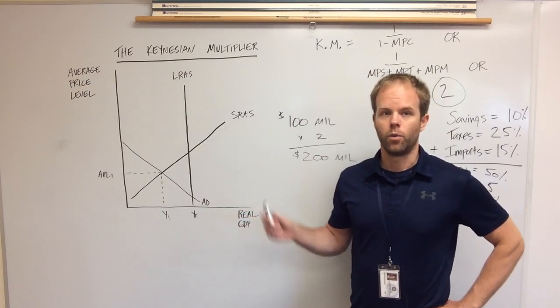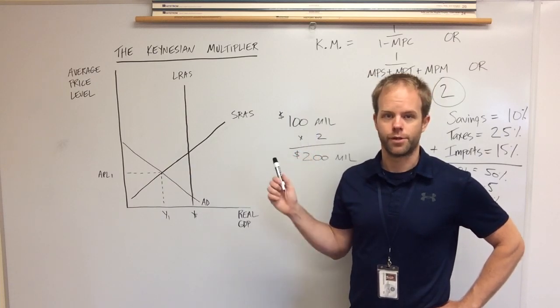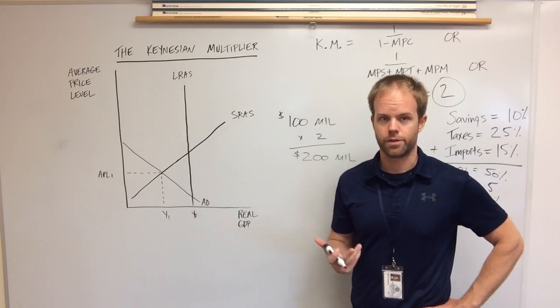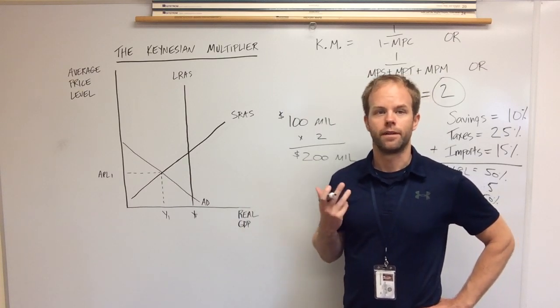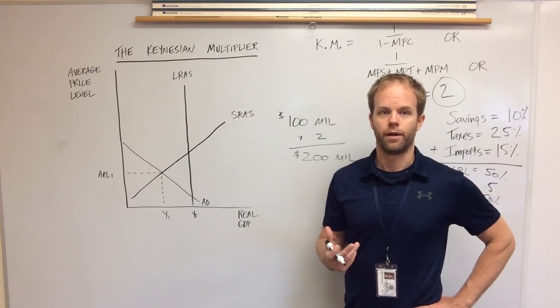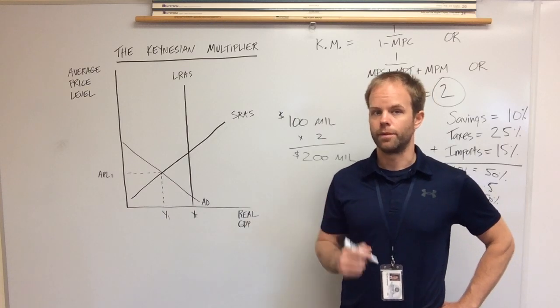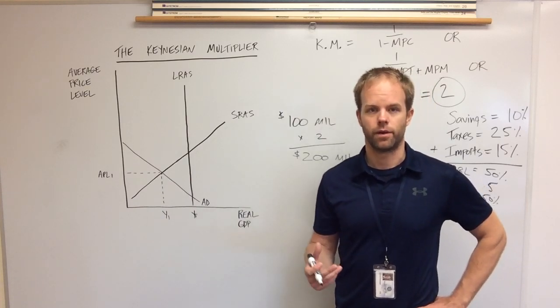So when the government spends $100 million on their new spending project, that will shift our aggregate demand curve by $100 million. But we know from the Keynesian multiplier that that's not the end of the story, because a large portion of that $100 million will actually get respent by consumers and businesses.